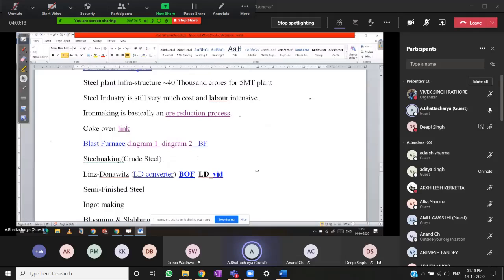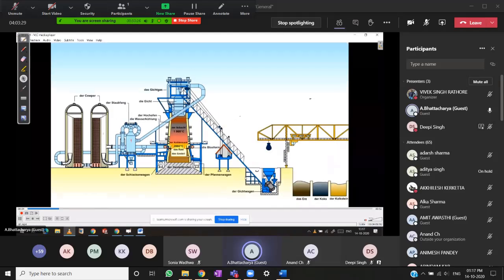Then we'll see some more sketches and some more videos. This is the charging side, this is the charging pit. Now this will go up and pour the material inside. You can see it in the video.